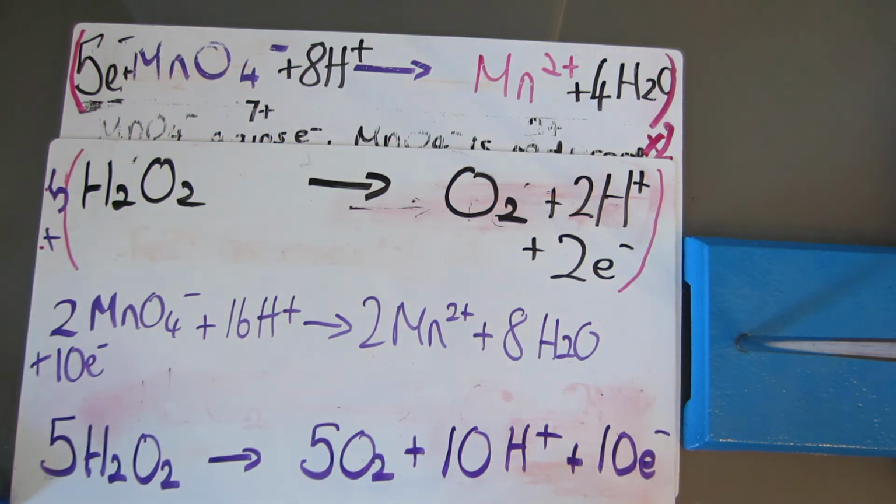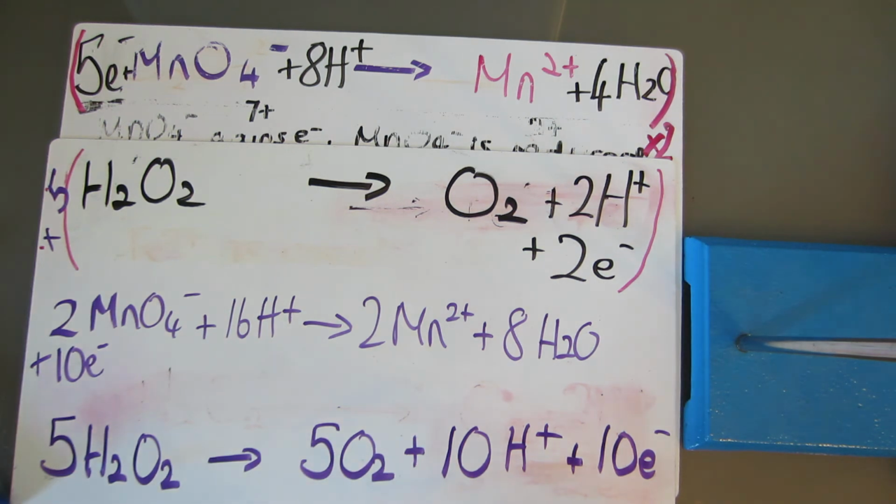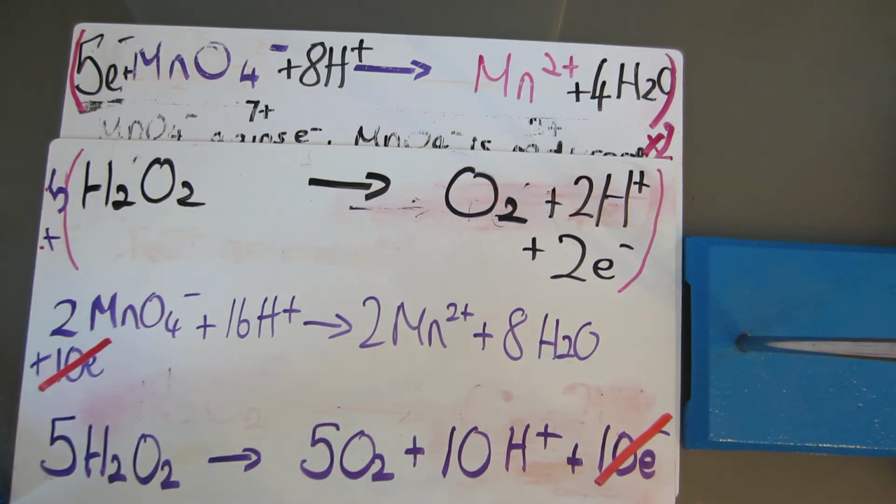So can we see anything now in my 2 half equations, I still haven't put them together, that are the same on both sides? Well, definitely if you've done it correctly, my electrons should cancel out: 10 electrons lost, 10 electrons gained. But there is something else that you could also cancel out. Can you see what it is?